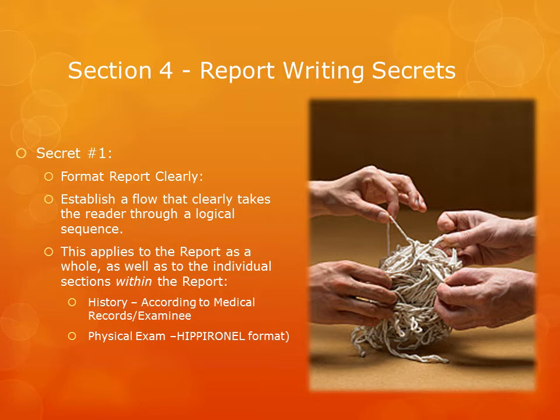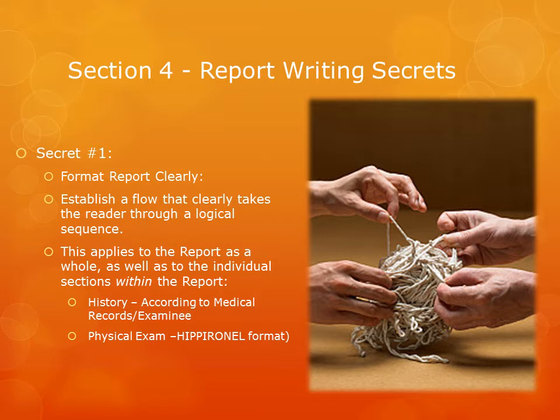You want to establish a flow that clearly takes your reader through a logical sequence. And this applies to the report as a whole, from page 1 to page 30, as well as to individual sections within the report. For example, I can give a recommendation on how to do the history section. With the history section, I recommend that you divide your history section into 2 separate sections.